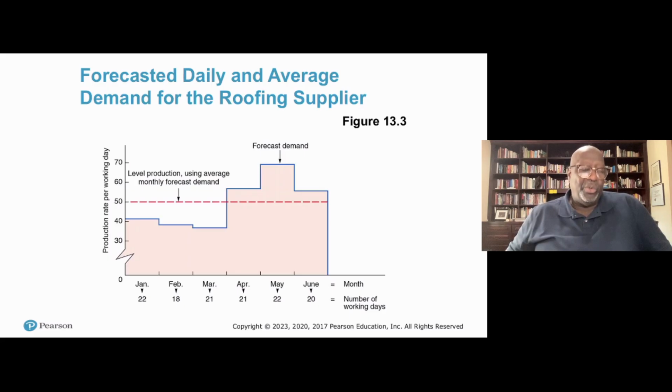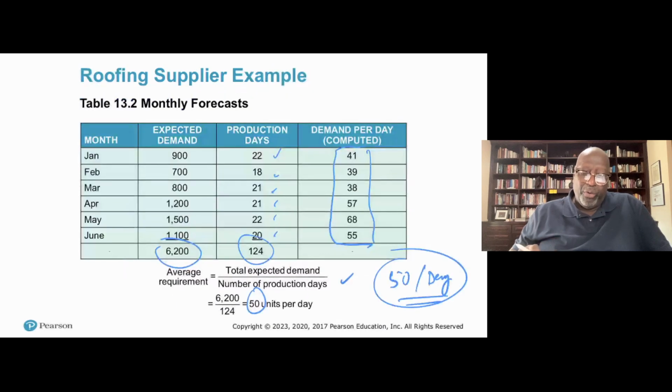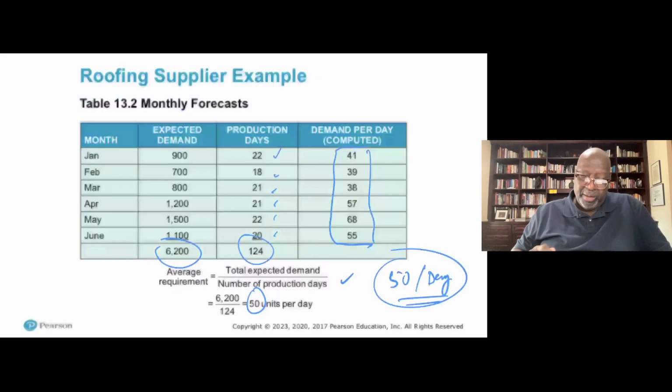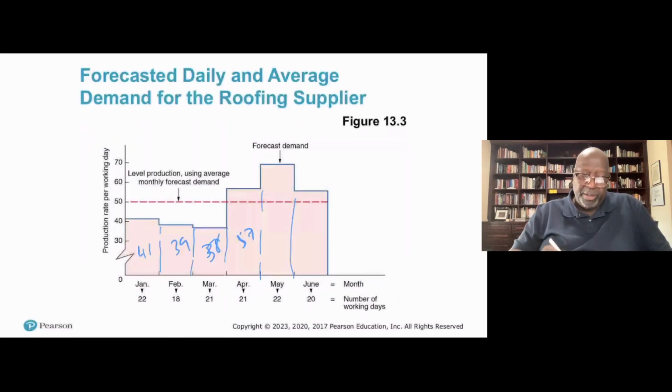So one of the things that you can do to help you with the graphical method is to plot. As you can see from this diagram, there's a plot of the actual demands, right? So if I go back here, 41, 39, 38, 50, 41, 39, 38, I think, and then 57, 68, 55, 68 and 55.